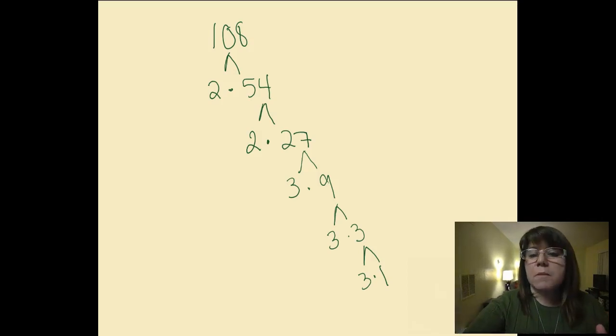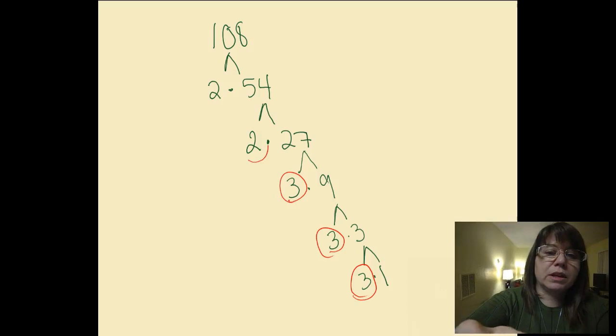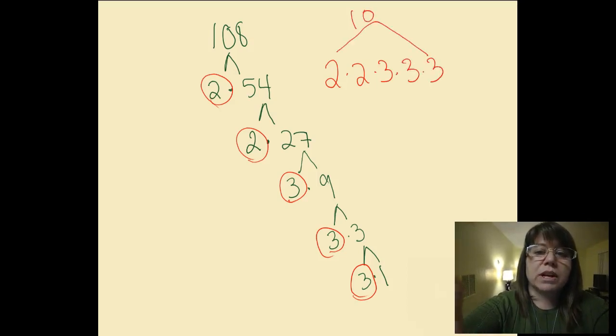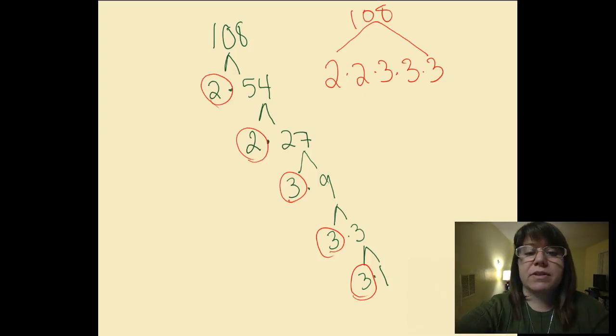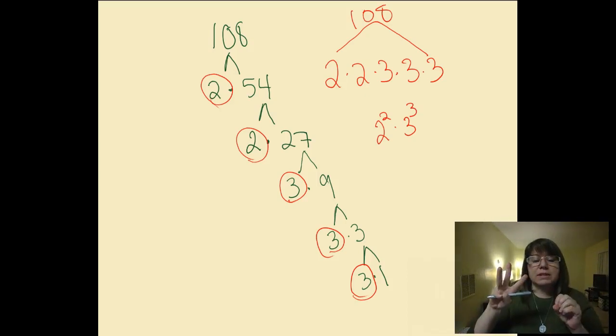So here are my primes: 3, 3, 3, 2, 2. In other words, 2 times 2 times 3 times 3 times 3 will all get me back to 108 if I multiply all of that together. If I write it in exponential form, that's going to be 2 squared times 3 cubed, because I have two 2's and three 3's. Okay.